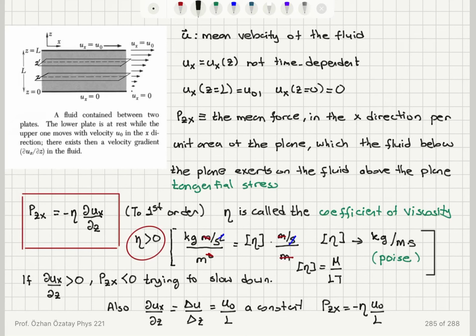And basically it implies that the tangential stress is trying to slow down the fluid. For this particular example, there is a uniform gradient from 0 to u0, from z equals 0 to z equals L. So delta u over delta z is u0 over L, a constant, and therefore the mean tangential stress would be equal to minus the coefficient of viscosity times u0 divided by L.